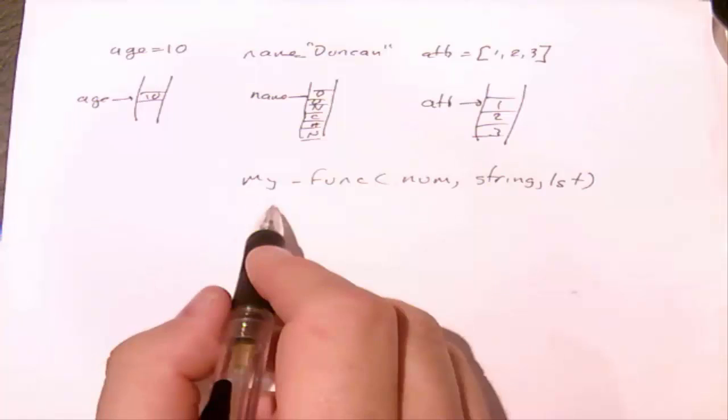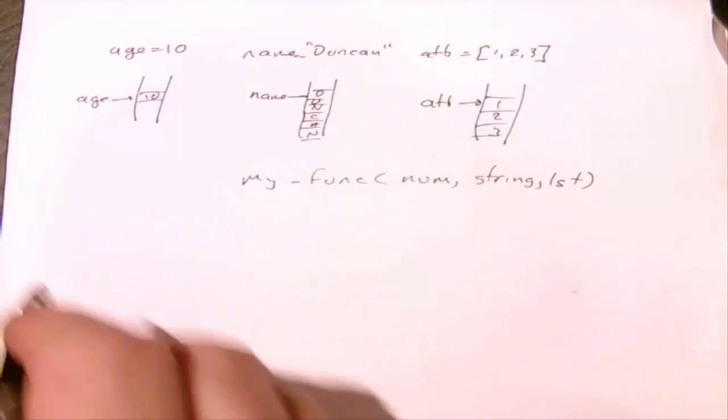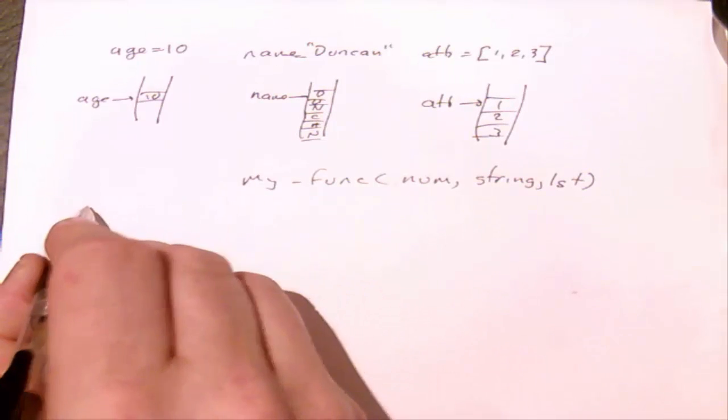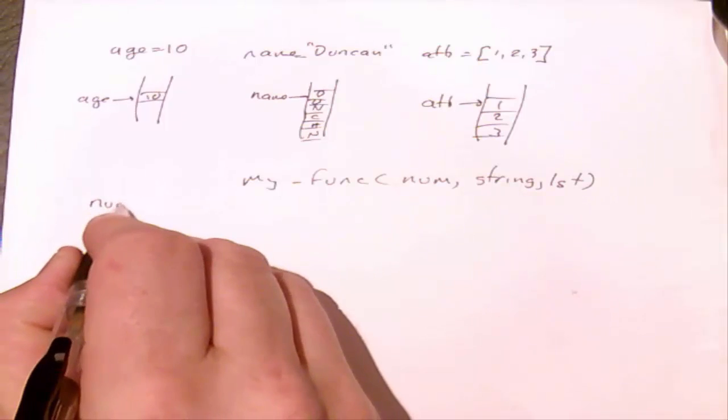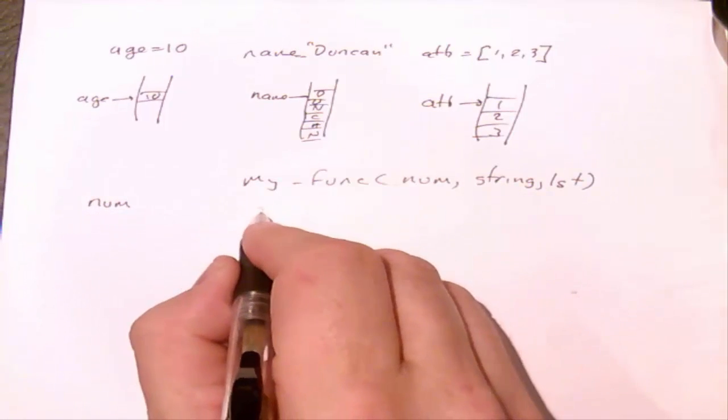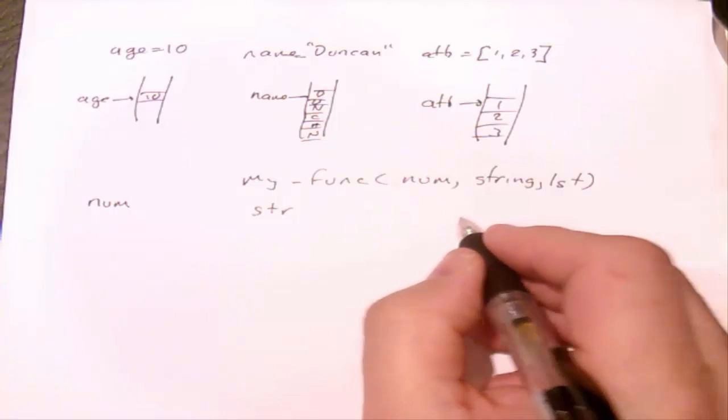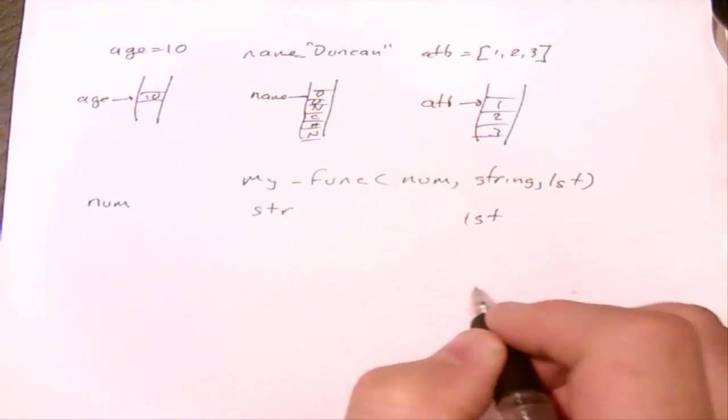Well, within my function down here, it created the labels num, str, and lst.